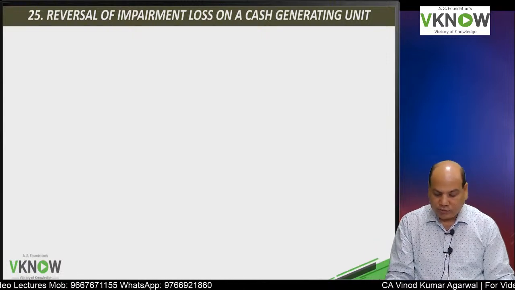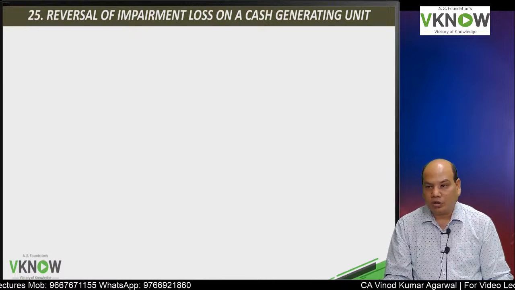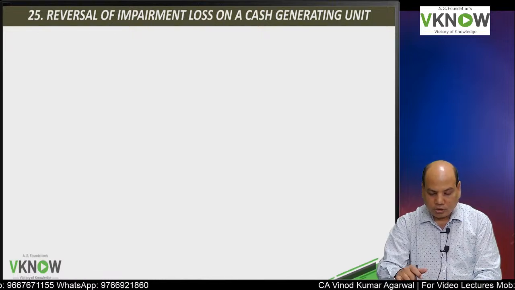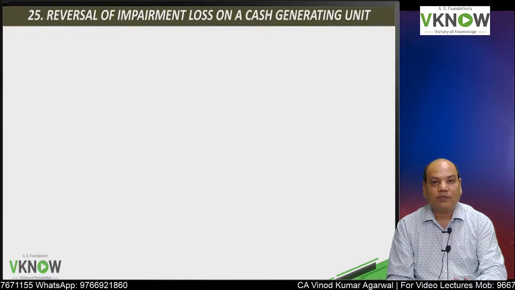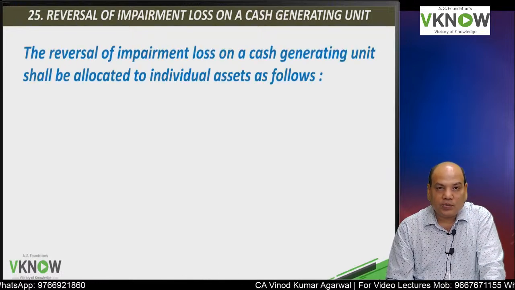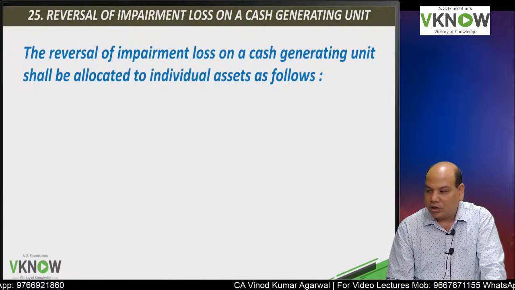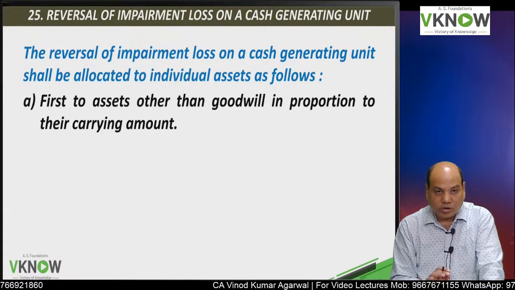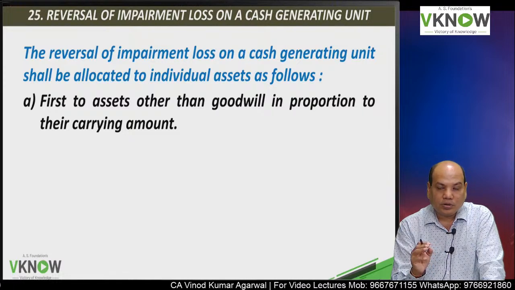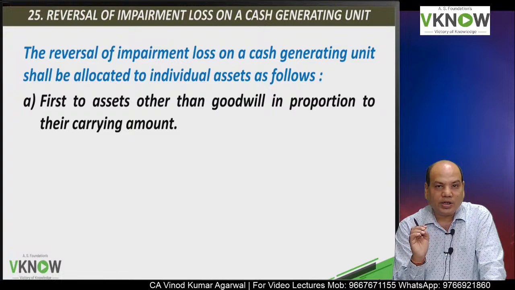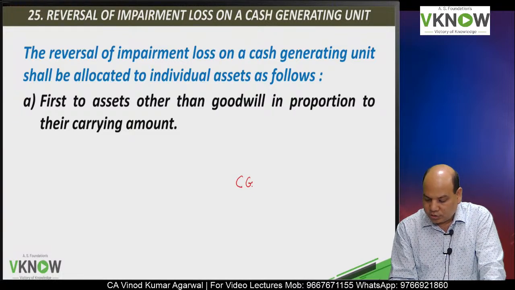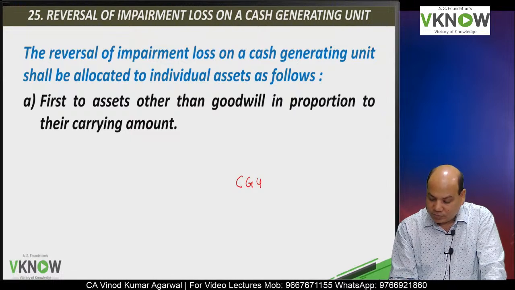Now the next point is reversal of impairment loss on a cash generating unit. Just like we have discussed reversal of impairment loss of a single asset, the same principles you will apply for a cash generating unit also. In case of a cash generating unit, if we had allocated goodwill to the CGU, students should revise the previous lecture.